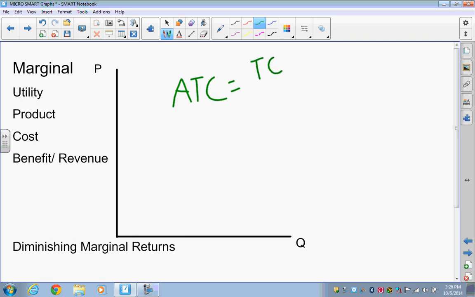It's your total cost divided by quantity. So you say, how many did I make? Well, I made 100 units. How much did it cost me? $500, which means the average cost of producing any of them was what? I made 100. It cost me $500 to make 100. Therefore, my average cost is $5, which is a useful number.